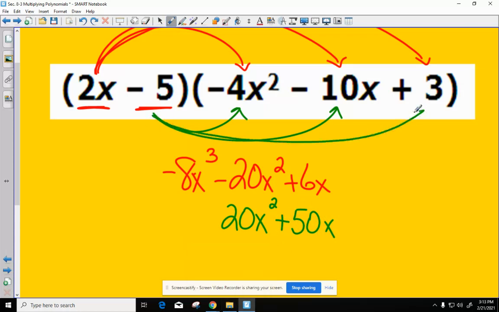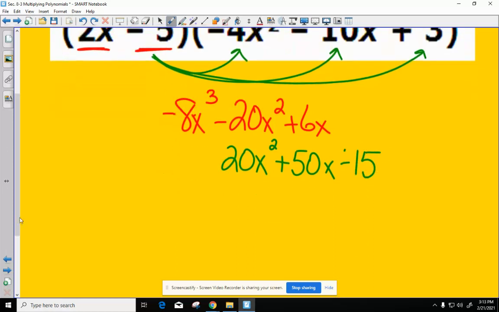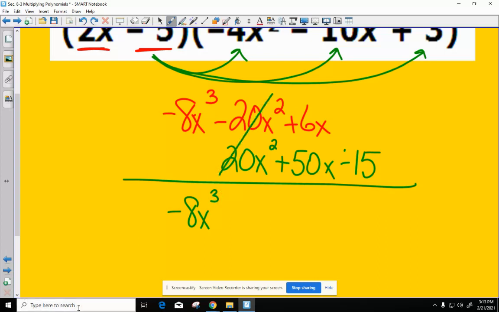And a negative 5 and a positive 3, that is negative 15. Okay? And now I'm going to combine these two together for negative 8x to the third. Again, we see a cancellation there. My next one would be a positive 56x minus 15. Okay?